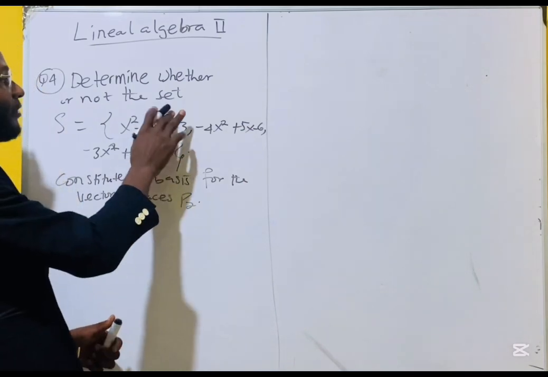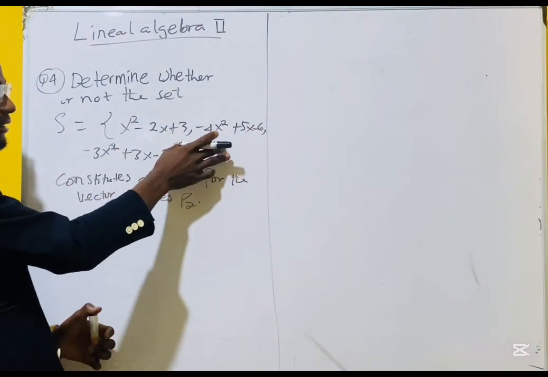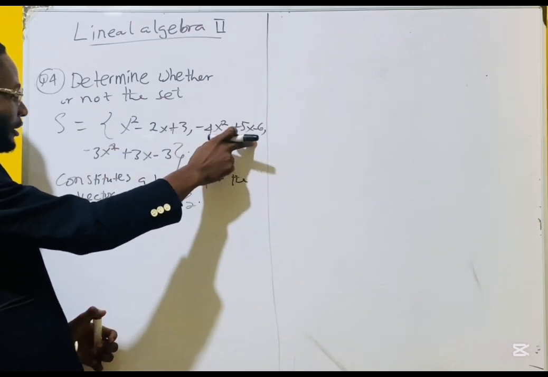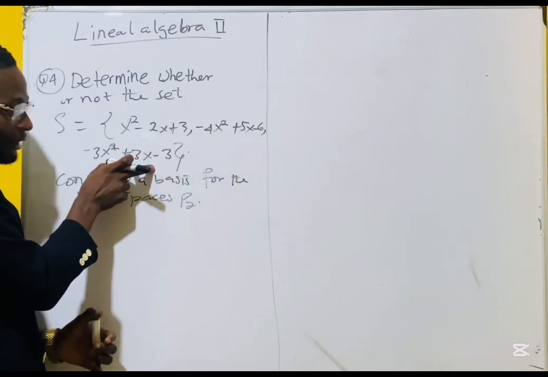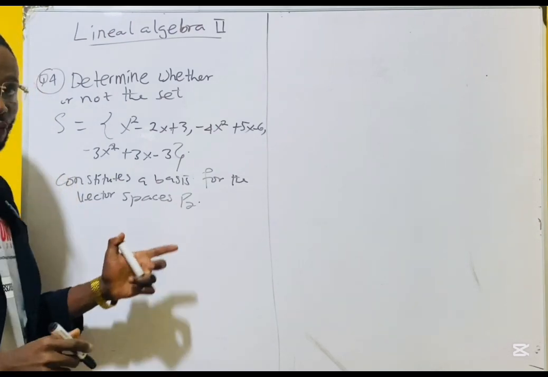So with question number 4, we want to determine whether or not this particular set S, equal to this quadratic equation, comma, this quadratic equation, and this quadratic equation, constitutes a basis for the vector space P2.